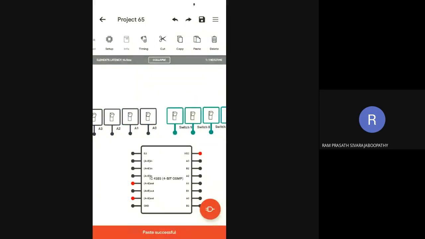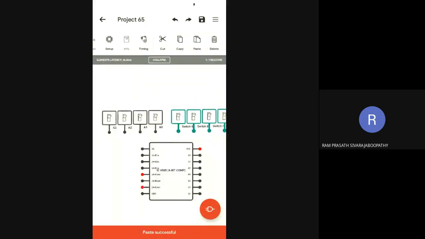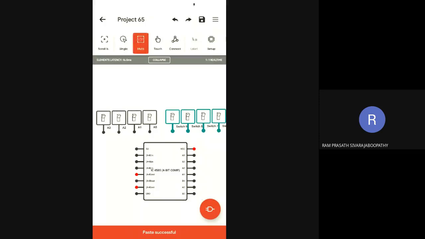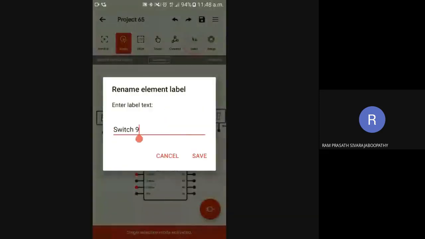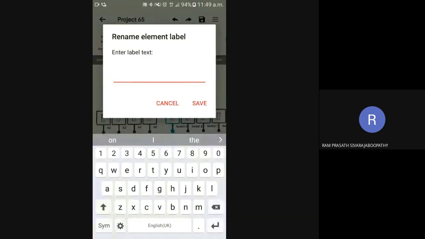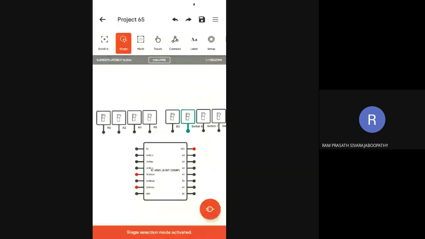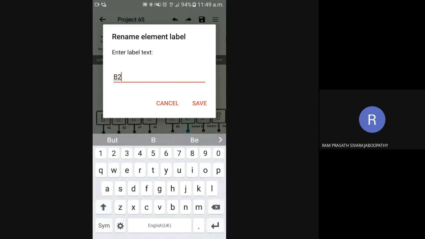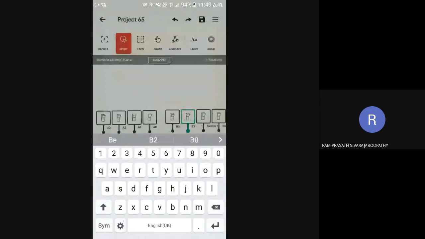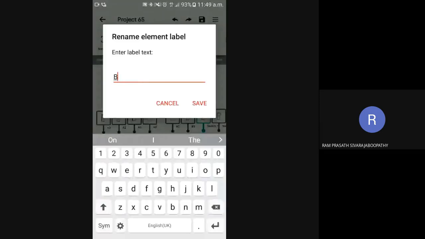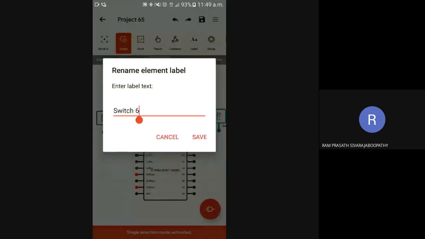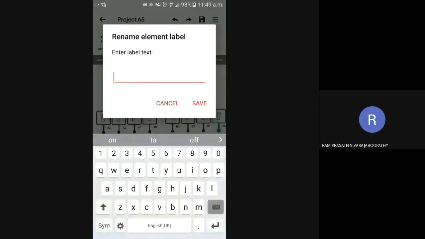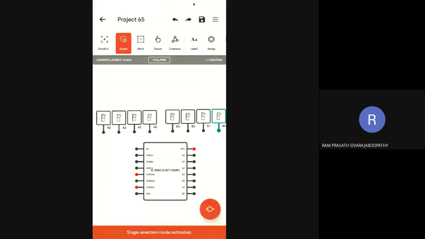Okay, here I am going to consider the data B. So we have 4 bits: B3, B2, B1, and finally B0. Okay, fine.